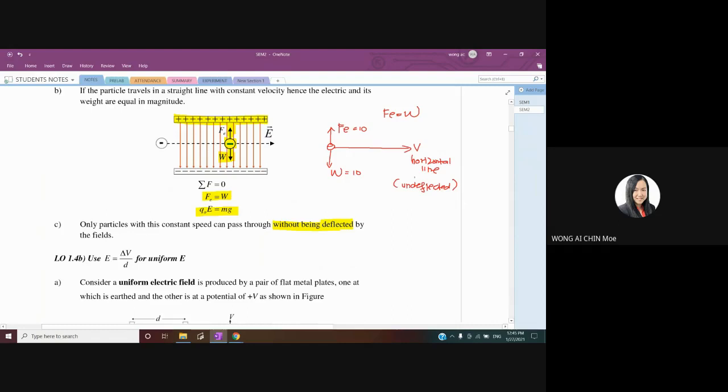If let's say Fe equals our weight. Because just now case 2 is deflected because we don't consider the weight. So if the questions give you the weight of the particle, you must use this case number 4.